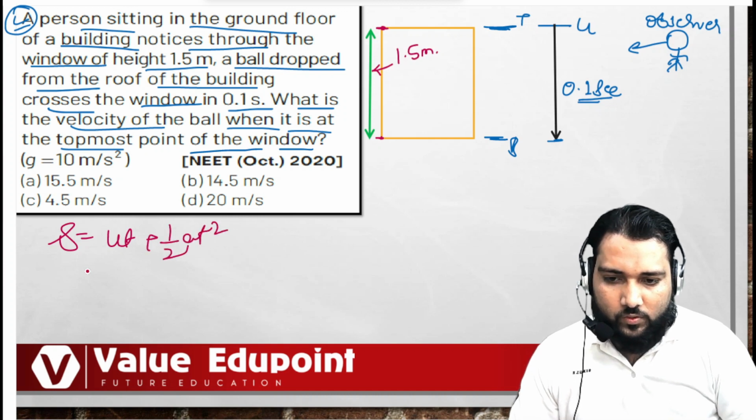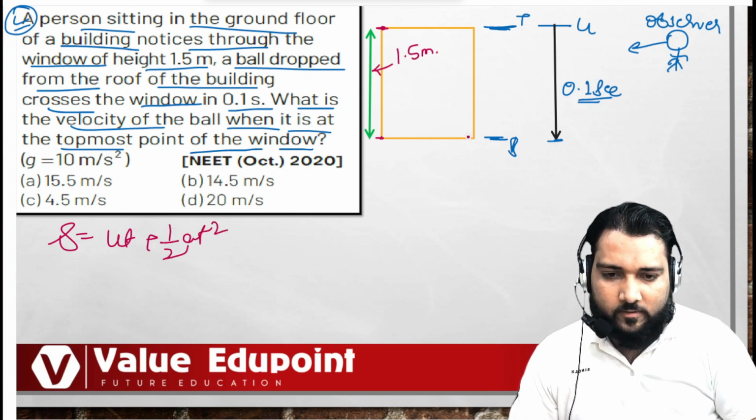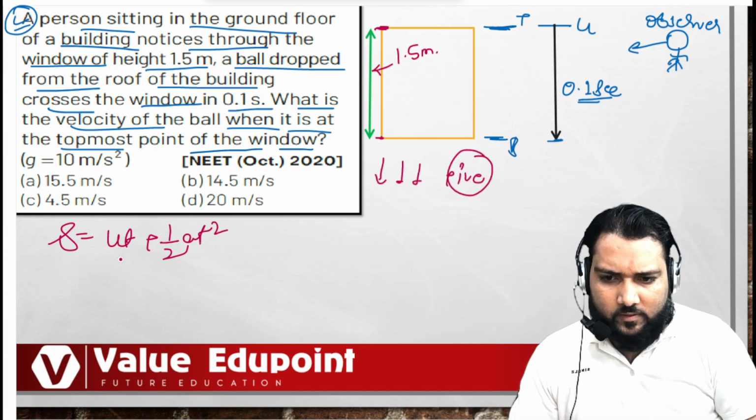Now we will use the sign. I am taking all quantities in the positive direction: initial velocity is downward, gravitation is downward, and displacement is downward.